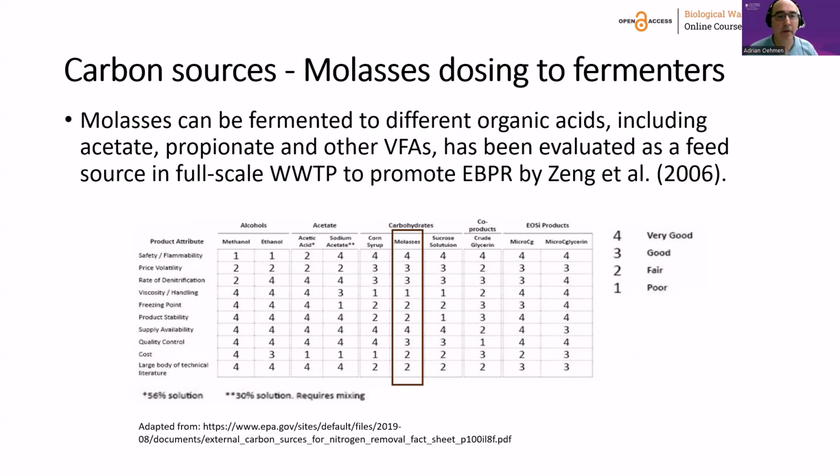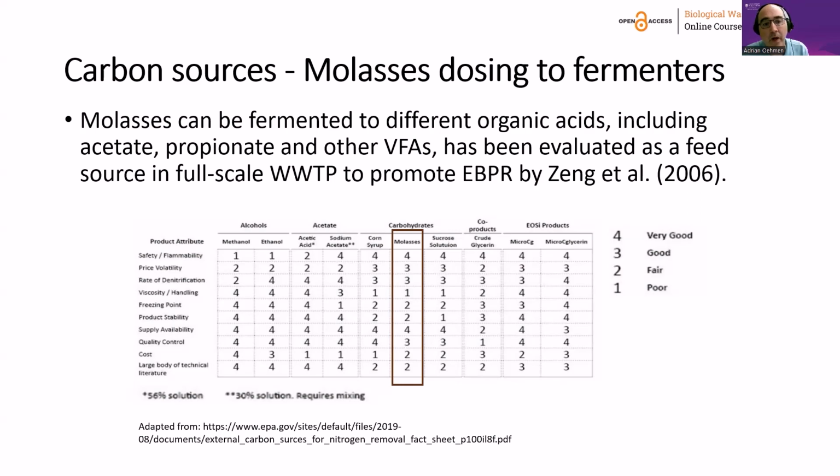And there was work by Zheng et al., also Thomas et al., that have looked at this and have shown that basically with molasses you get quite a good variety of VFAs coming from it, which, when looking for increasing the propionate fraction in your VFA, can be advantageous for that purpose, as shown by these studies.